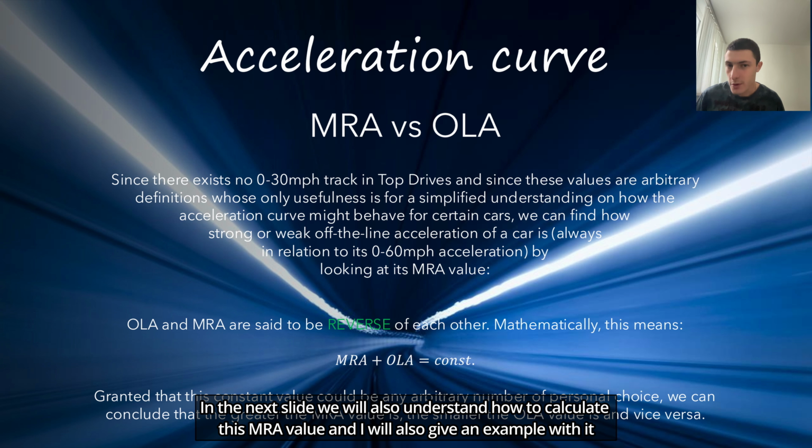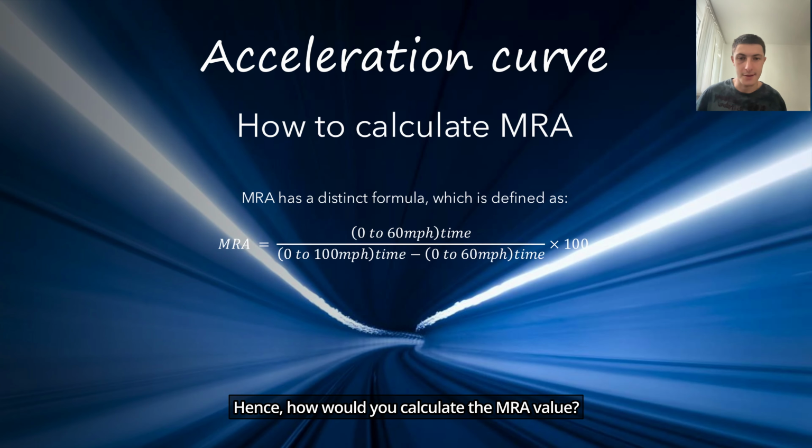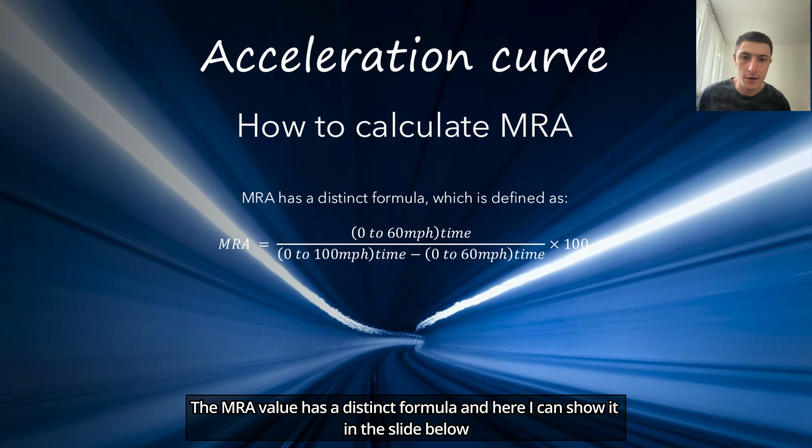But in the next slide, we will also understand how to calculate this MRA value, and I will also give an example with it. Hence, how would you calculate the MRA value? The MRA value has a distinct formula, and here I can show it in the slide below.